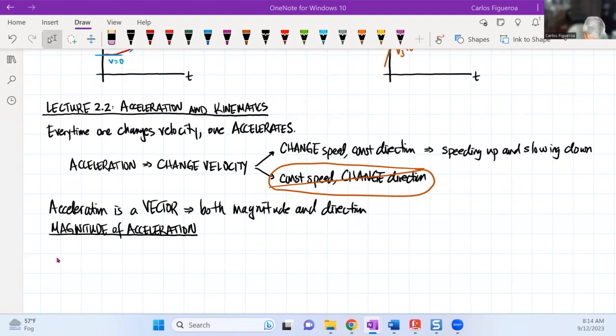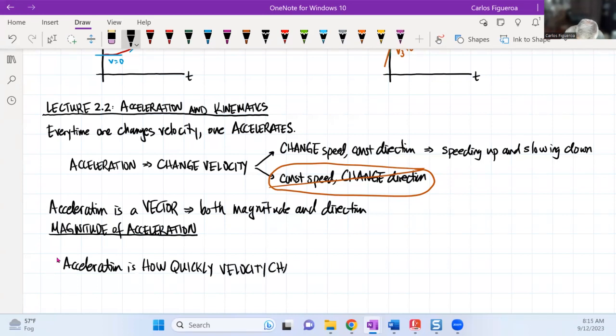Acceleration is how quickly velocity changes.